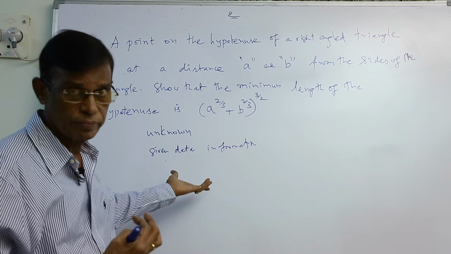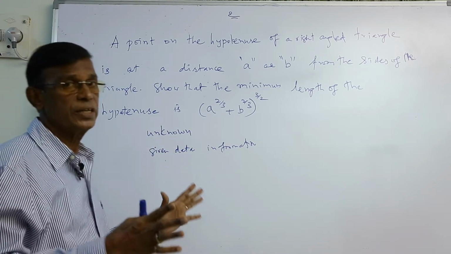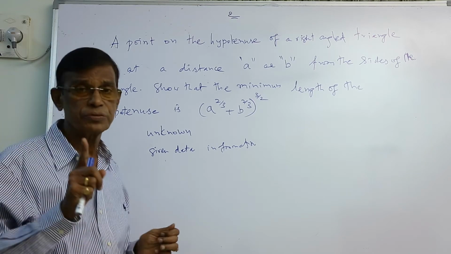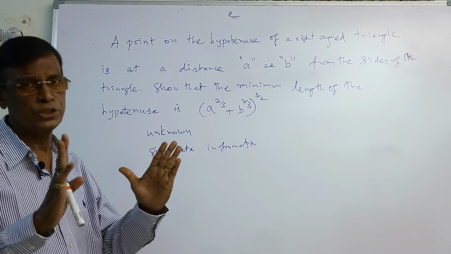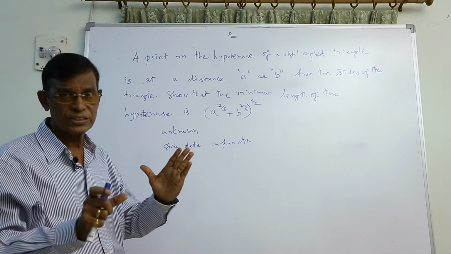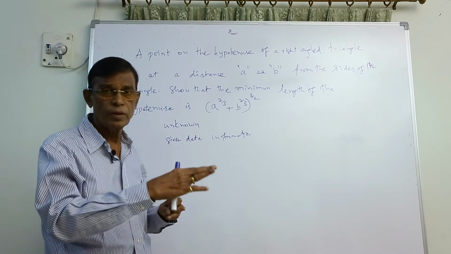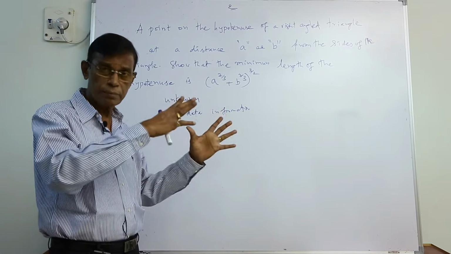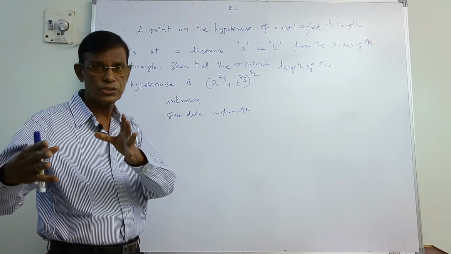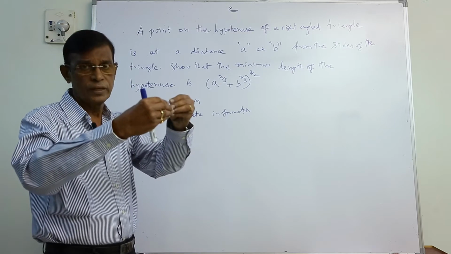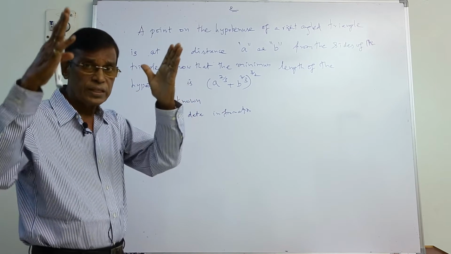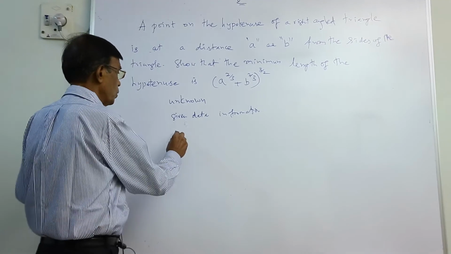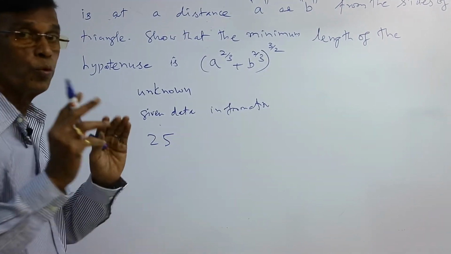But if you have not done any problem similar to this, one thing I want to tell you students: when you take up any mathematics book, and you see the examples and the exercise, there will be a correlation between the examples and the questions asked in the exercise. And not only that, in the exercise, suppose 25 problems are there, you can just group them into 5 sets.